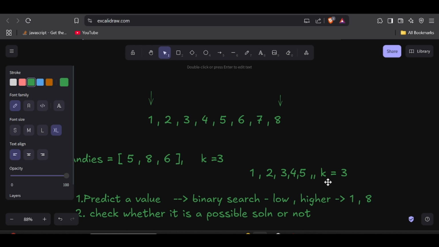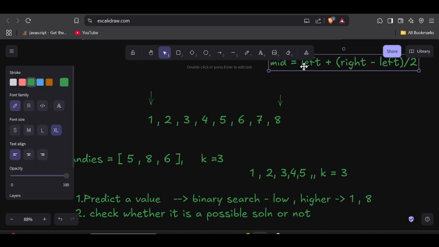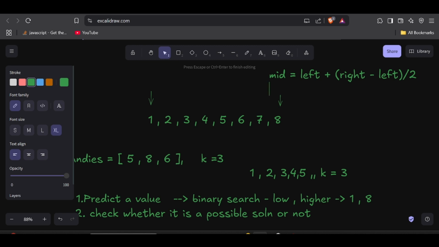We know that in binary search we find the mid by left plus right minus left divided by 2. We can also do it by left plus right divided by 2.